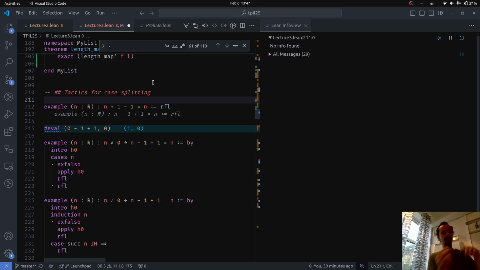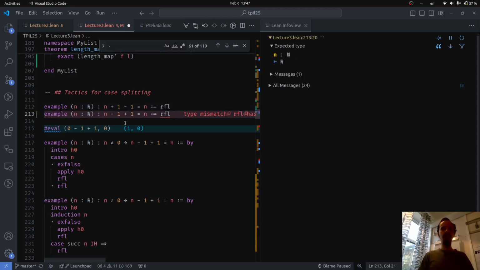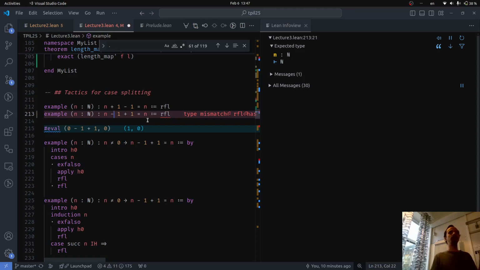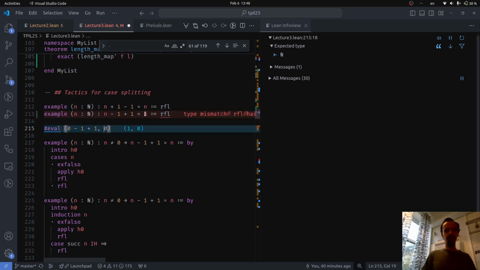And in the successor case, it just returns the value. But the other way around is not true. If I do n minus 1 plus 1, I don't get back to n. The reason is that this is not integer subtraction, this is natural number subtraction. At 0, it will saturate and hit 0 again. So 0 minus 1 is 0. So if I do 0 minus 1 plus 1, I get 1, which is not 0.